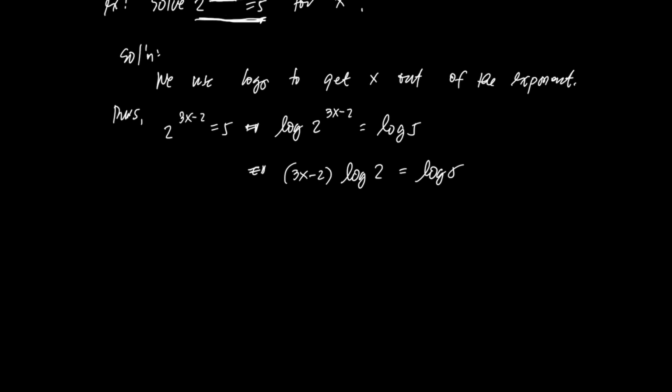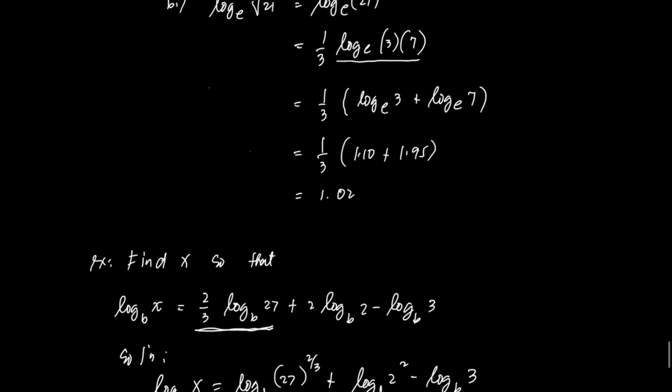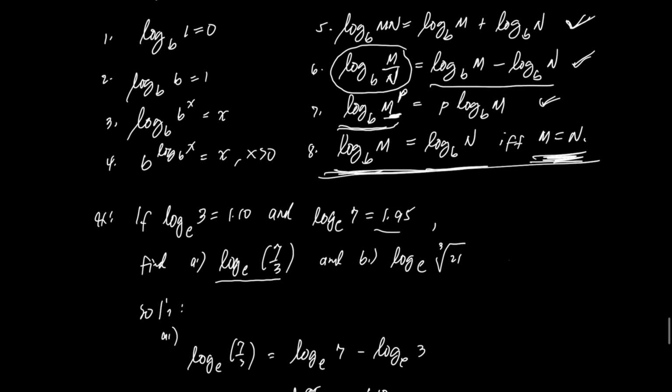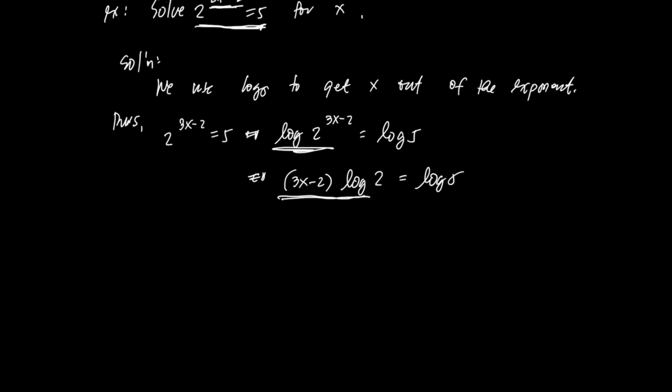How did we express this one from here? Using property number 7. That's why, guys, you have to familiarize these 8 properties. So this is dividing both sides by log 2.